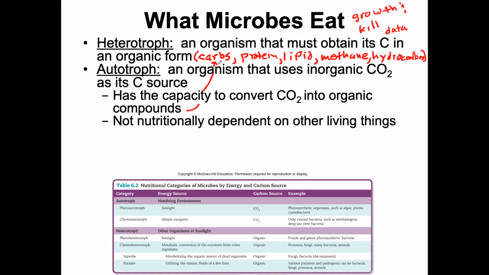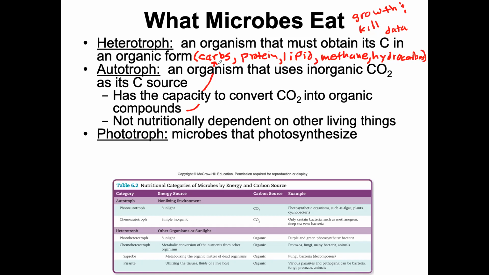So it doesn't depend on other living things to survive because it can either use light energy to do this in the process known as photosynthesis, or it can use certain compounds that are not organic to provide the energy, and we call that chemosynthesis.